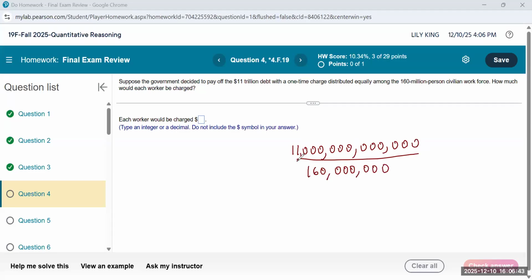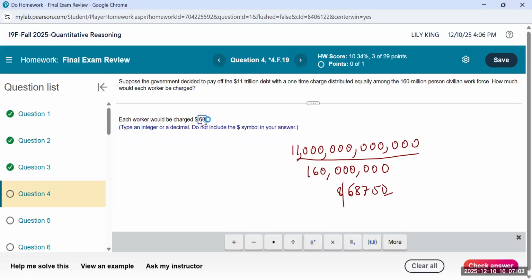Put this in your calculator. This is $68,750.